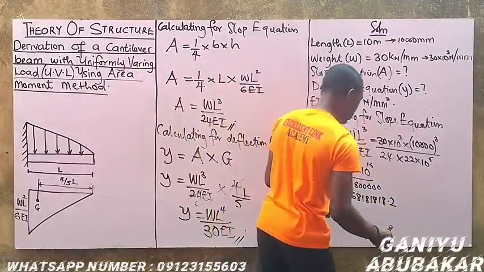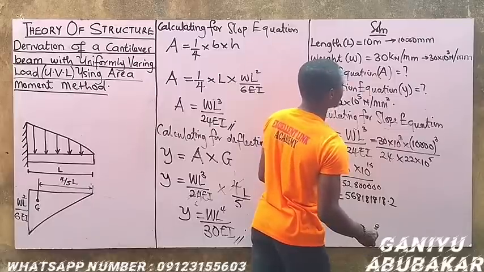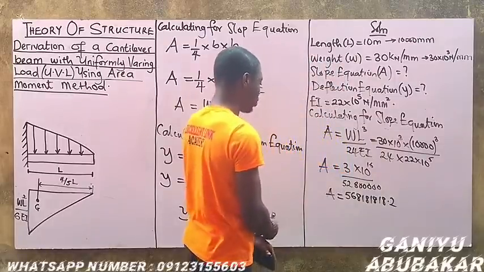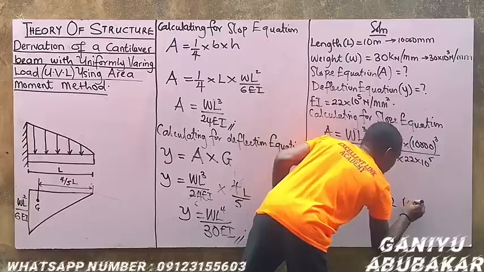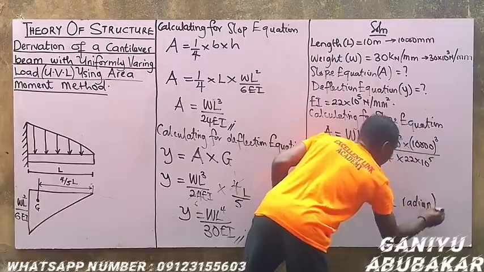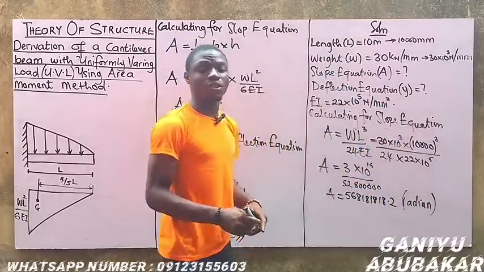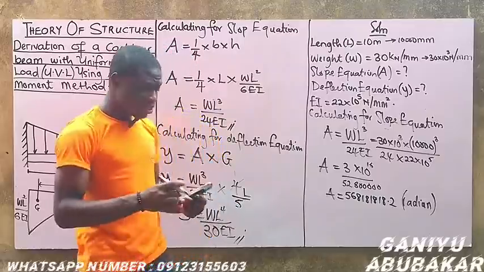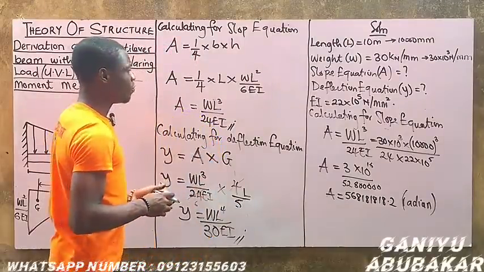That becomes, what's my unit in there? Radian. Yes, radian. We said our SI unit for this one here is always in radian, right? So this becomes the radian value here. So let's try to get the deflection value, please.